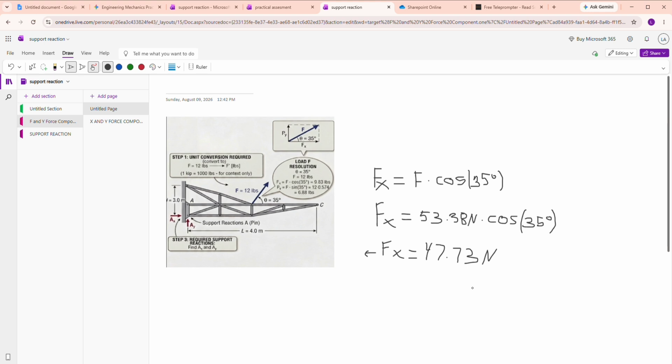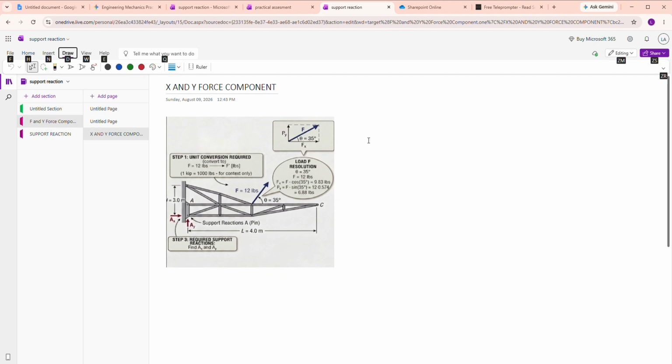For the vertical component, since Fy is opposite to the 35 degree angle, we use the sine function.